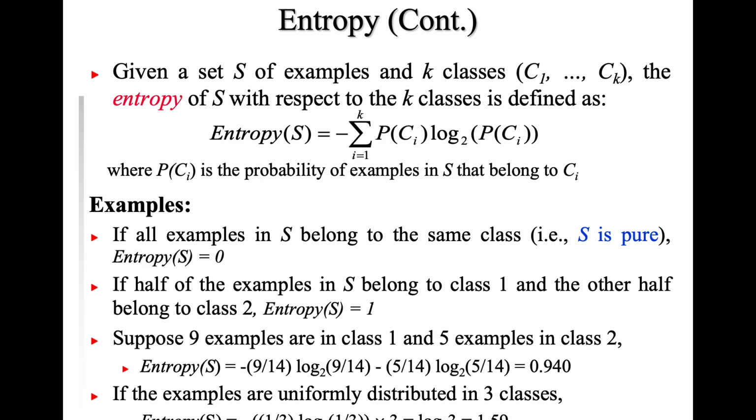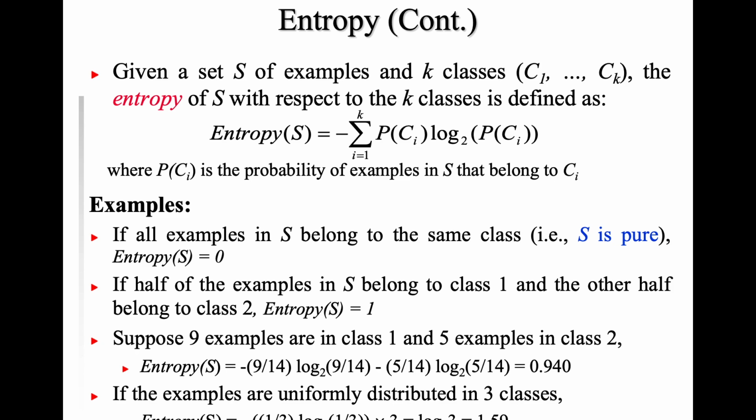So the probability of class 1 and class 2, what is that? When all instances belong to the same class, let's say we have 10 instances and all of them belong to the same class, so it's 1. So it's 100%. It's 1.